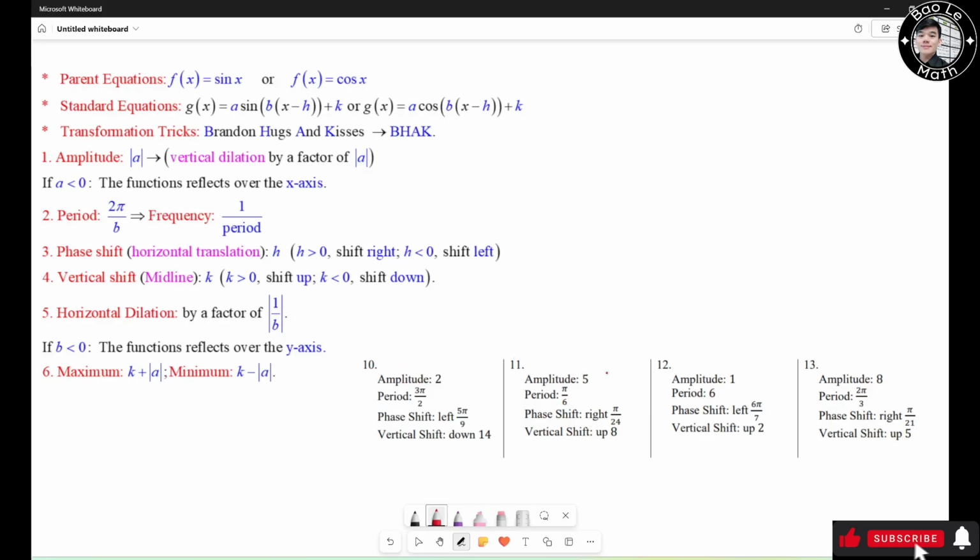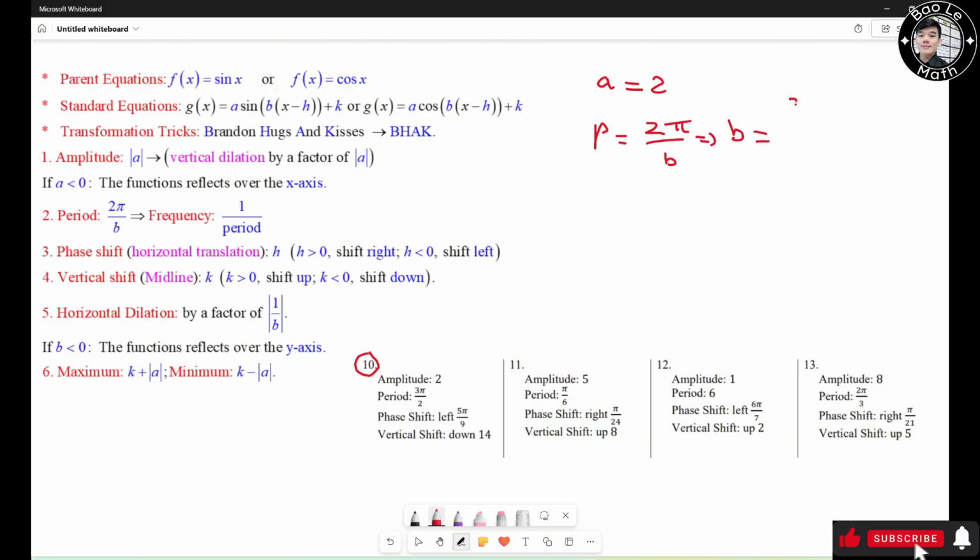Now let's move on to the next example. Example number 10, 11, 12, and 13. Alright, so I'll just do number 10. I will leave numbers 11, 12, 13 for you to practice, right? So we have the amplitude, so A equals 2, right? Period equals 3 pi over 2. I know that period equals 2 pi divided by b, right? So then I need to solve for b, right?